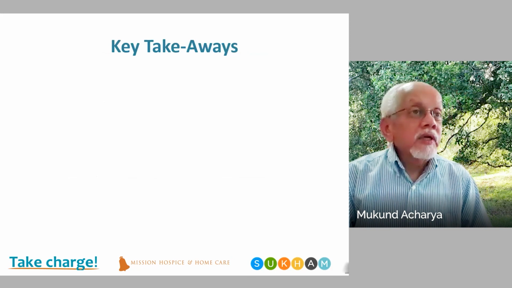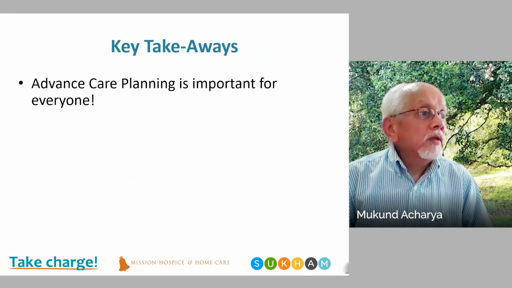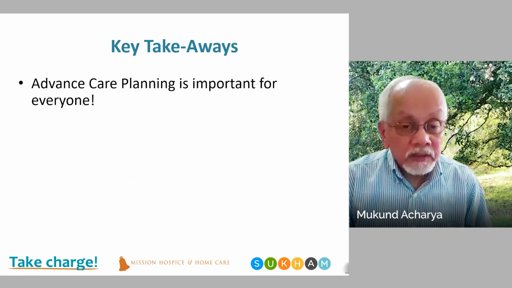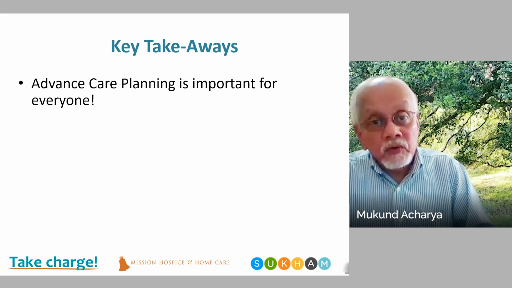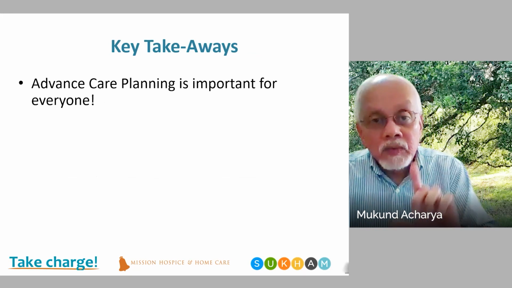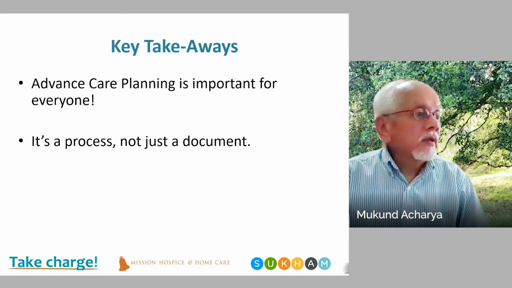The key takeaways we want to leave you with are the following. It's important for everyone over 18: if you don't have an advance directive, or if a family member over 18 does not have an advance directive, talk about getting one, advocate for getting one, right?